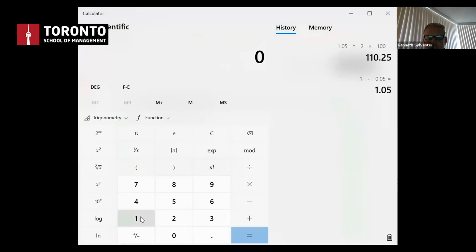So what I'm going to do is 1.05 x to the y, then 2. Then I'm going to save that in memory storage. Then I'm going to clear and go 110.25 divided by memory recall, and that gives me $100.